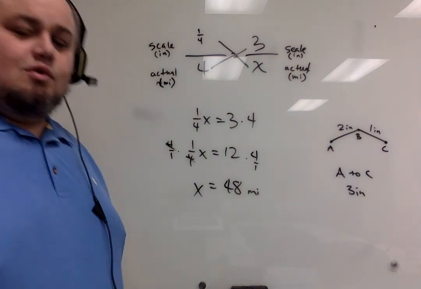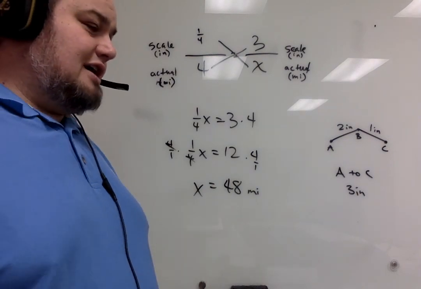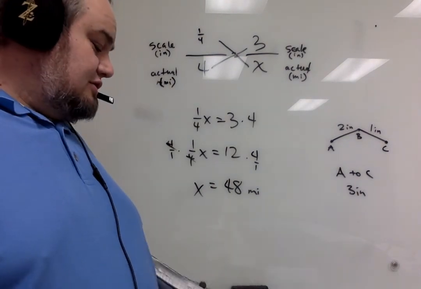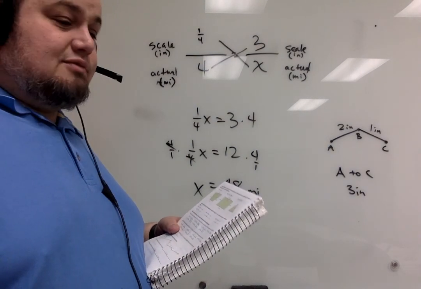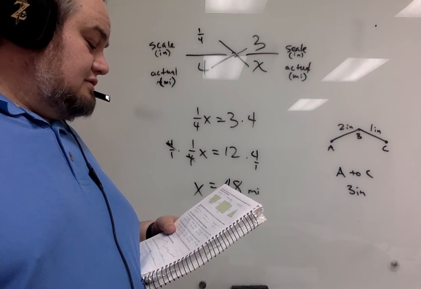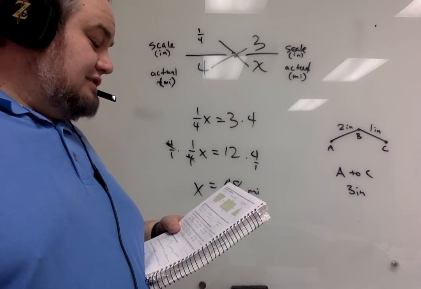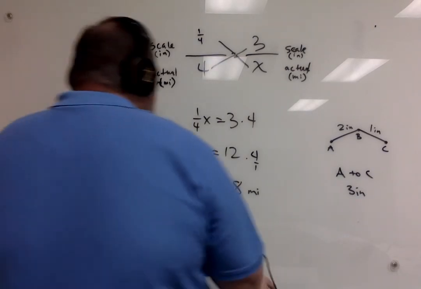So you can see, working with maps, that's part of our exercises. We're also going to be working with shapes and making some scale drawings as well. So to make a scale drawing, let's say it gave you the scale and then it gave you an actual amount. So let's look at one like that.